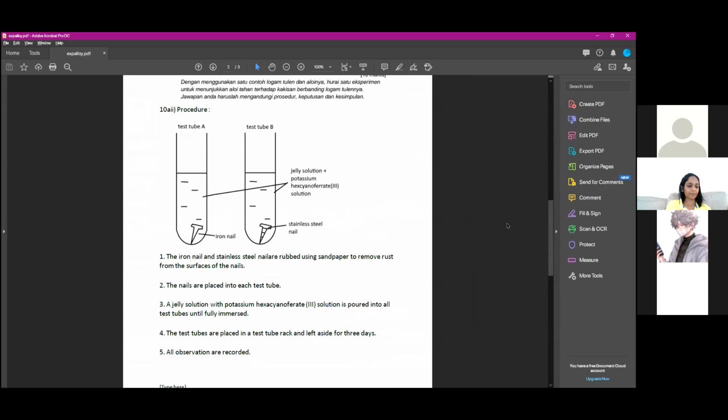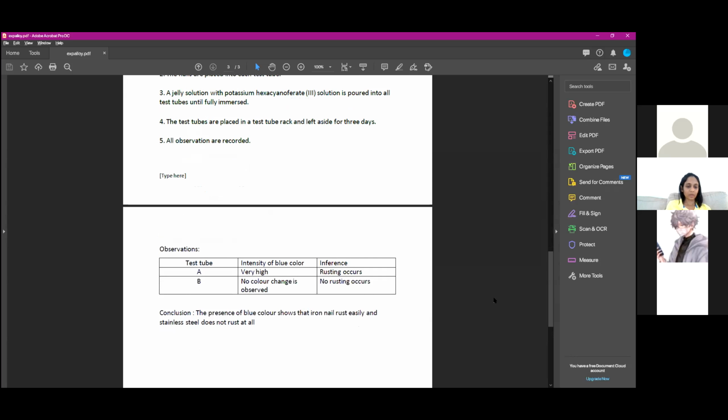Number 2, the nails are placed into each test tube. Number 3, a jelly solution with potassium hexacyanoferrate(III) solution is poured into all test tubes until fully immersed. Number 4, the test tubes are placed in a test tube rack and left aside for 3 days. Lastly, all observations are recorded.